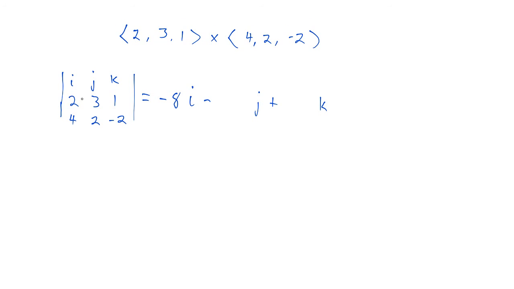All right, for the coefficient of j, we look at 2 times negative 2, that's negative 4, minus 1 times 4, that's 4. Negative 4 minus 4 is negative 8. So we're subtracting a negative 8, that becomes plus 8j. And then finally for the k coefficient, I look at 2 times 2, that's 4, minus 3 times 4, that's 12.